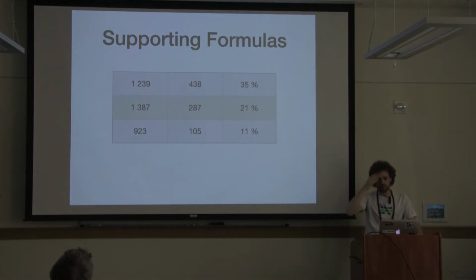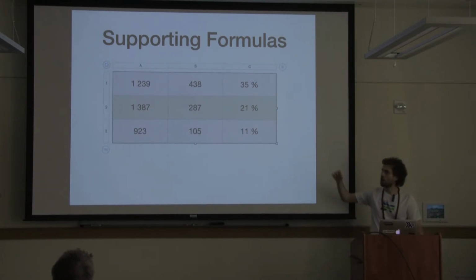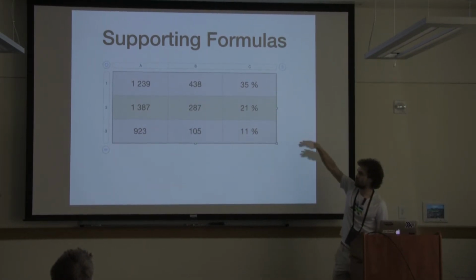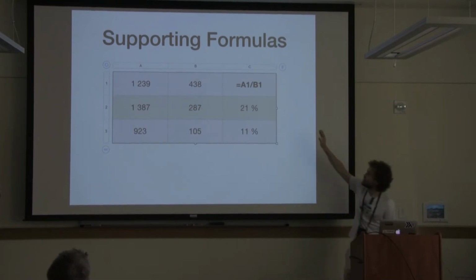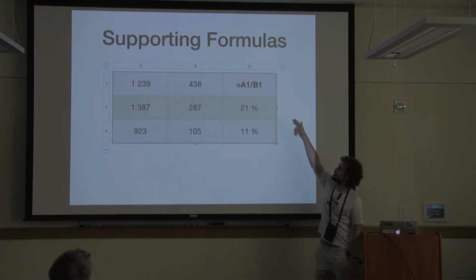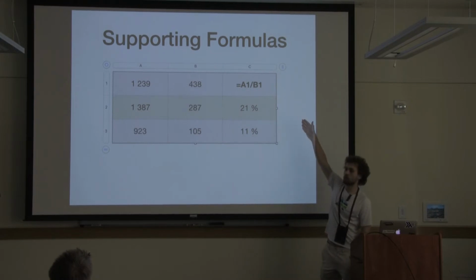Here's a sample of a table where we have 3 rows, we have 2 numbers, and a percentage, which is the ratio of one number to another. Okay. So we have obviously indexes for columns and for rows, A, B, C, and 1 to 3. And the formula for this cell is just A1 divided by B1.